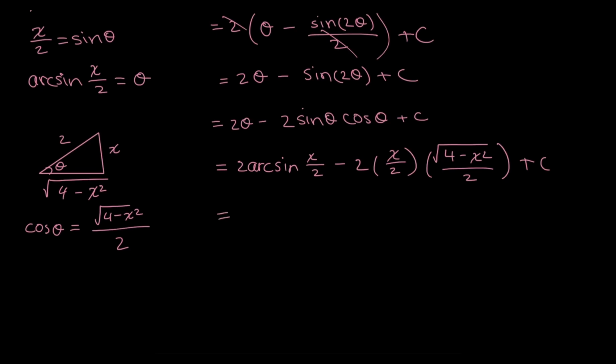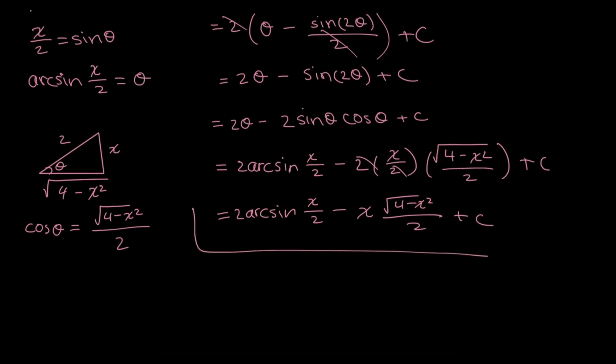Cleaning things up, I'll get 2 arc sine x over 2 minus, that 2 will cancel out, so I'm left with x times the square root of 4 minus x squared all over 2, plus c. And that's it.